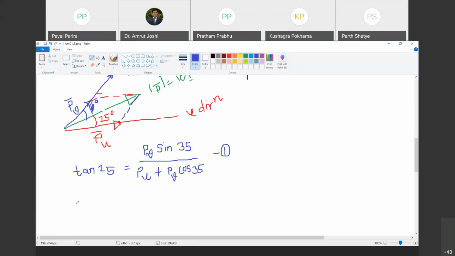Not so quickly, we don't have that much time. 0.467. So 0.467 PU, right? Yes, sir. Now multiply this PV, means multiply this cos 35 by tan 25.